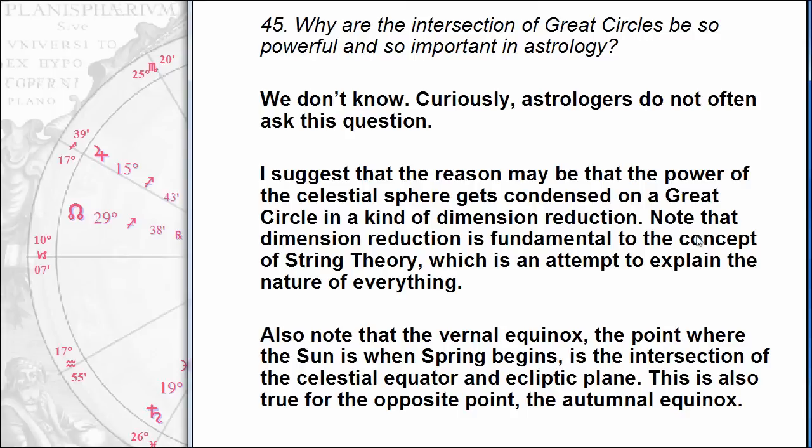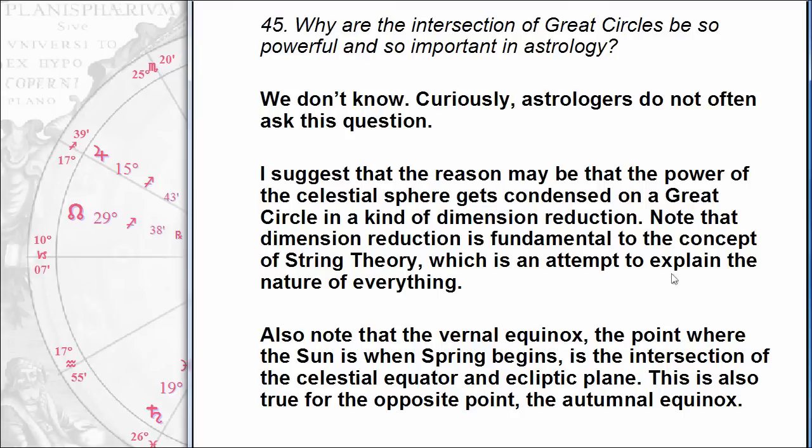This is sometimes called dimension reduction, and dimension reduction is very powerful, for example, in string theory. And string theory is an attempt to explain the nature of everything, and one of the ideas in string theory is that there are many dimensions, but they get curled up, and we experience only 3 dimensions of space and 1 dimension of time, but there are actually more dimensions in reality. So dimension reduction may be fundamental to the way the universe works.